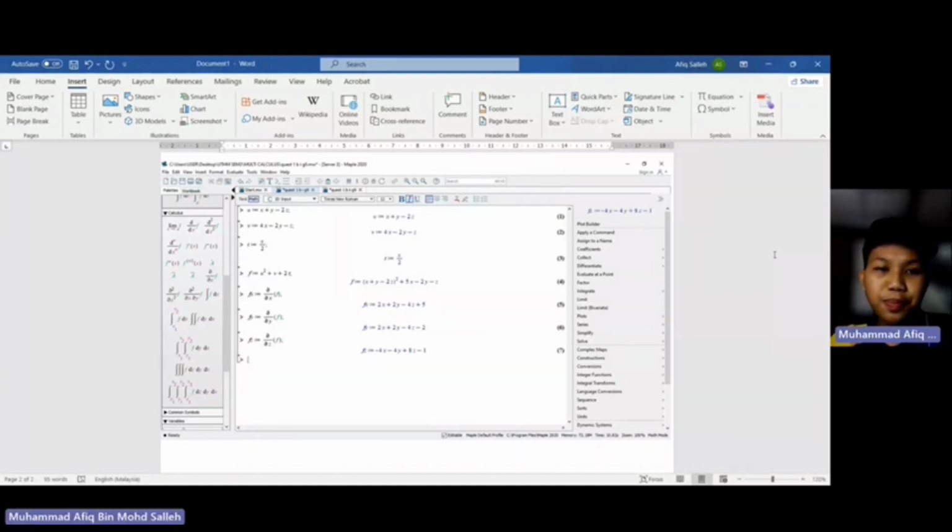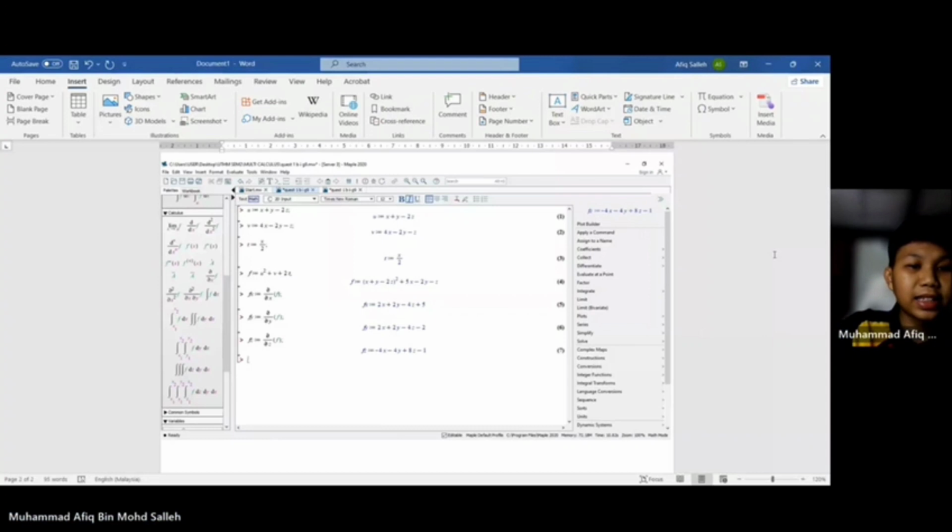Maple will auto-generate the values of u, v, and t, so we don't insert u, v, and t because Maple provides them. After that, we search for x, y, and z.